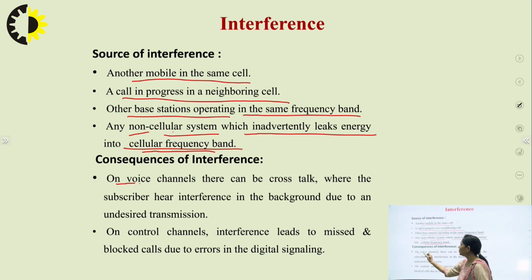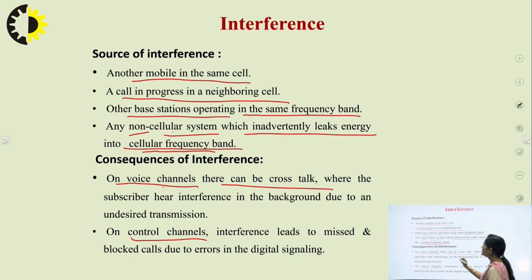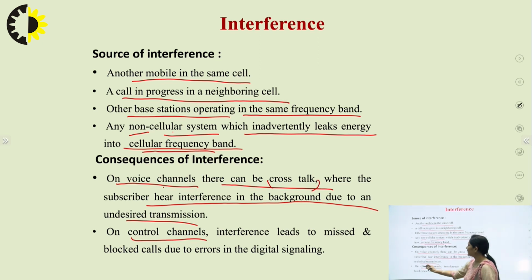First is on the voice channel. We have here two consequences described, one for the voice channel, another for the control channel. On the voice channel, there can be crosstalk, where the subscriber hears interference in the background due to an undesired transmission. So, for the voice channel, the interference will lead to crosstalk or there may be some voice at the back end.